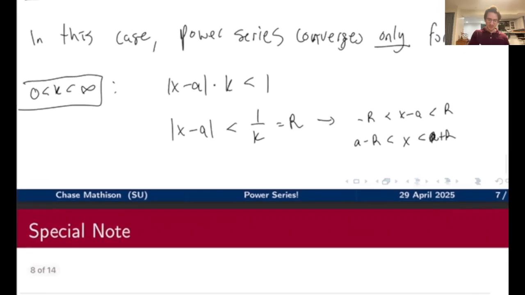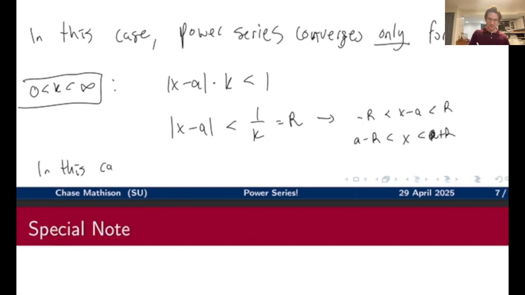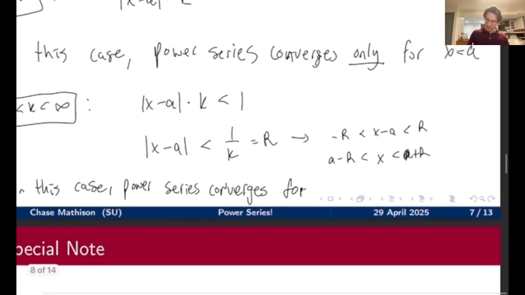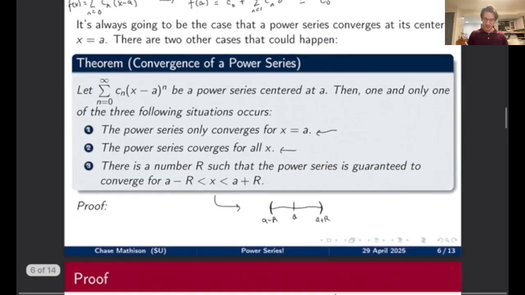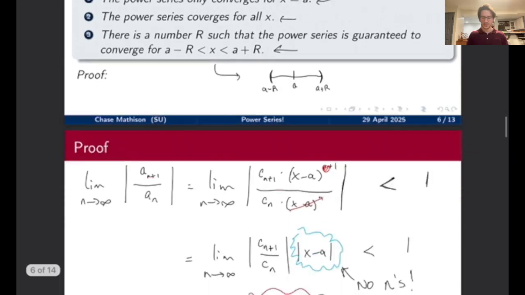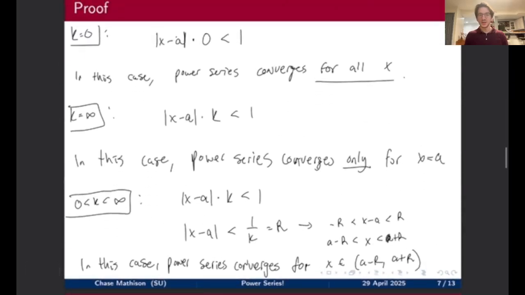So in this case, the power series converges for x in a minus r to a plus r. Okay, and that's that third case there. That's this one right here.